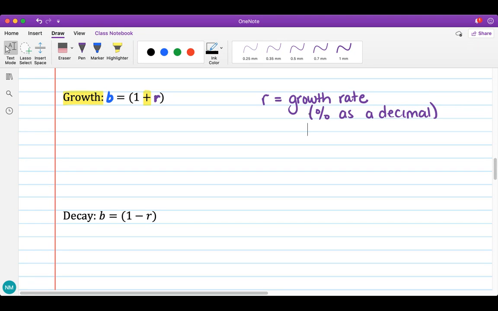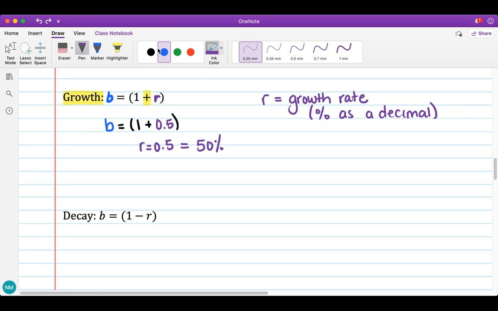So, for example, if I have B equals 1 plus 0.5, which we had above, R here is equal to 0.5, which is equal to 50%. So this is growing at a rate of 50%. So it's a percentage, but it's written as a decimal when we write it as R.